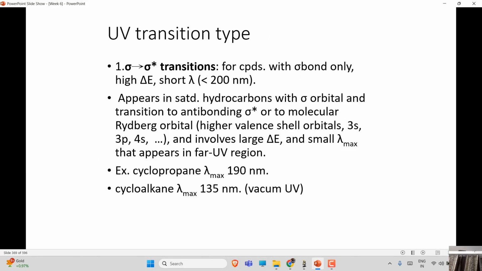UV transition type 1 is sigma to sigma star transitions for compounds with sigma bonds only. It appears in saturated hydrocarbons with a sigma orbital and transition to an antibonding sigma star or to a molecular Rydberg orbital.